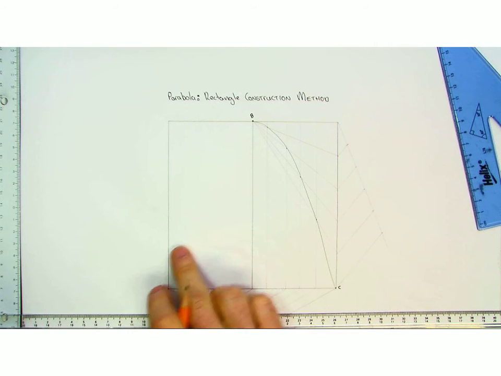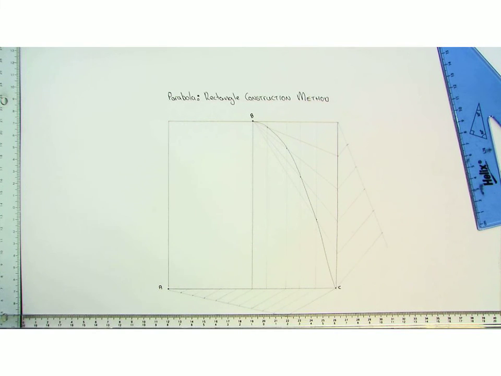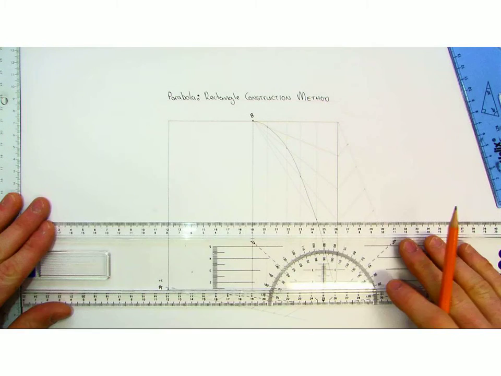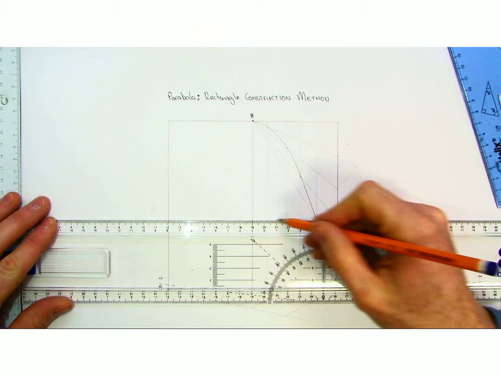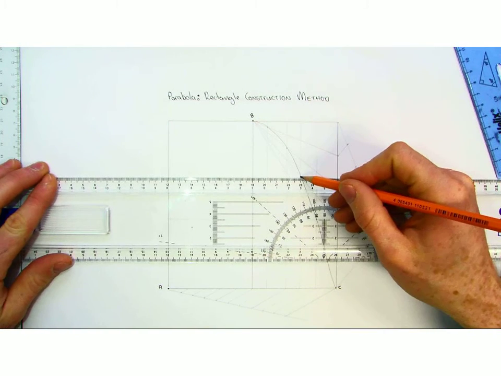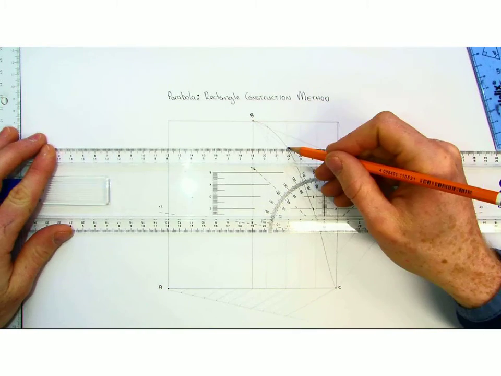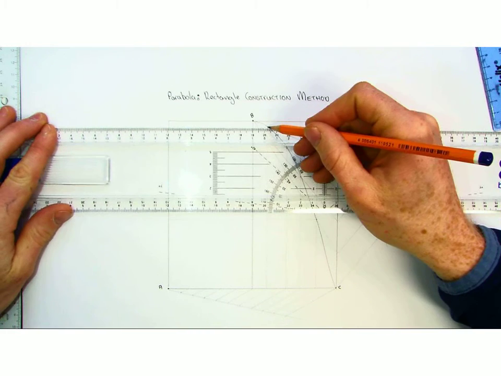To find my points on the parabola on the left hand side, I can simply translate the points across. Point 1 across, point 2, point 3, point 4.